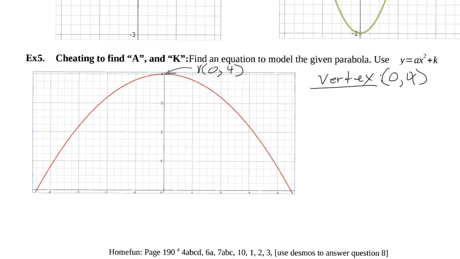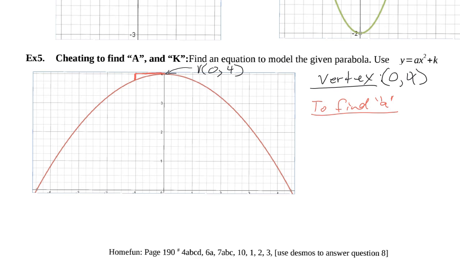So now, here's how you find A. What you need to do is go over 1, and then find out how far it goes down from 1.